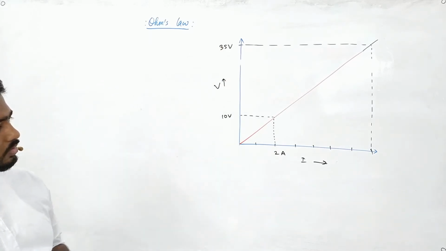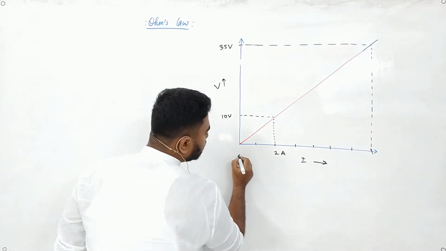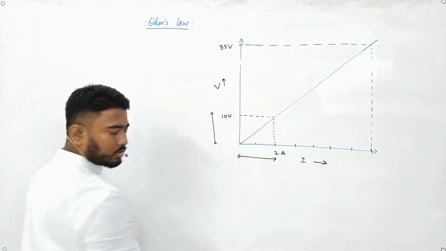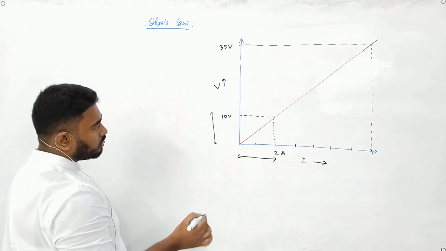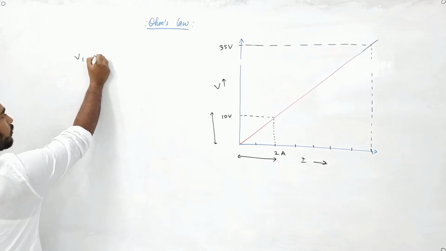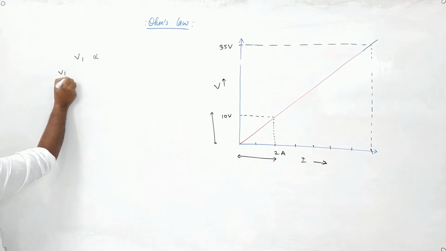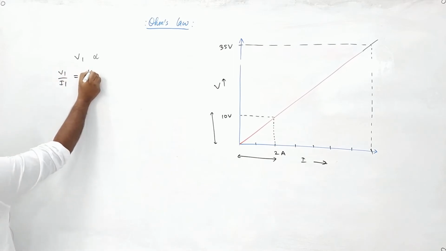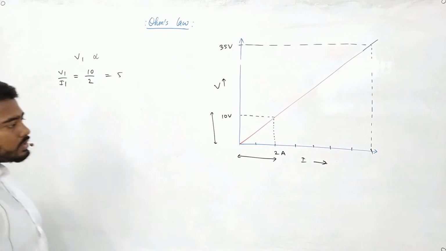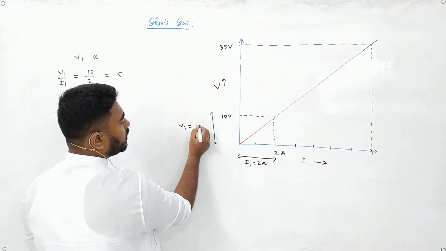Now understand it in this way. So this much is 2, right? This much is 10, right? Now if I say that V1 is proportional to I1, and if I find out V1 by I1, I will find out 10 by 2, so that will be 5. In the same way, this one is I1 2 ampere, this one is V1 10 volt, right?